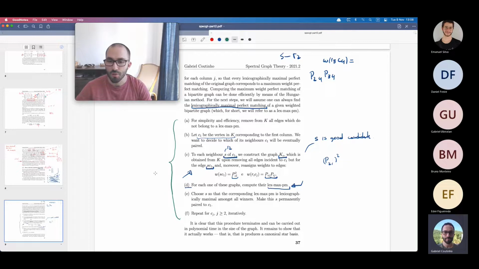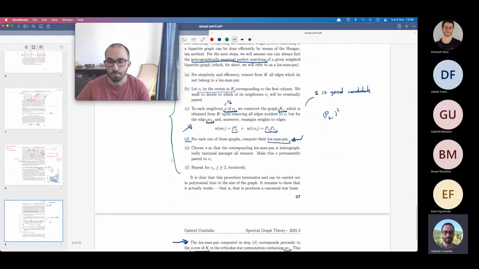It's not the most efficient because you will have to compute several maximum perfect matching algorithms to achieve this, and these are not super efficient. However, they're all solvable in polynomial time. There is a way you can bypass this, but it's too complicated.